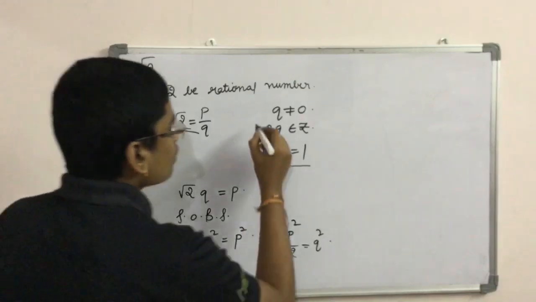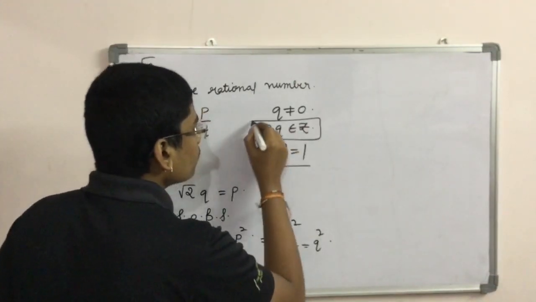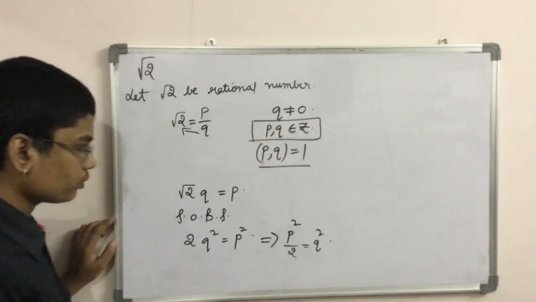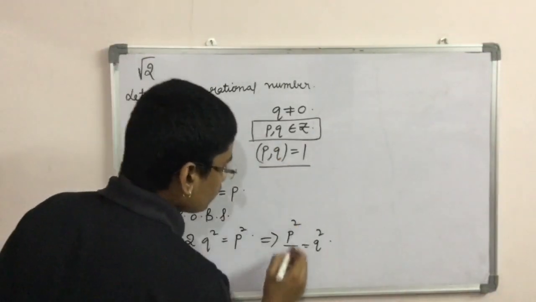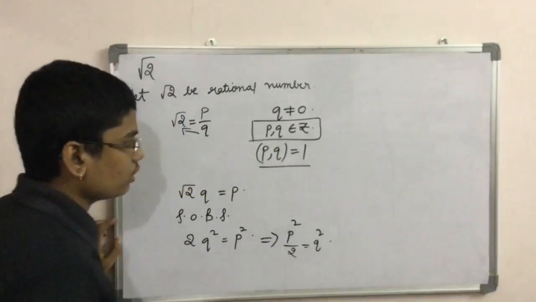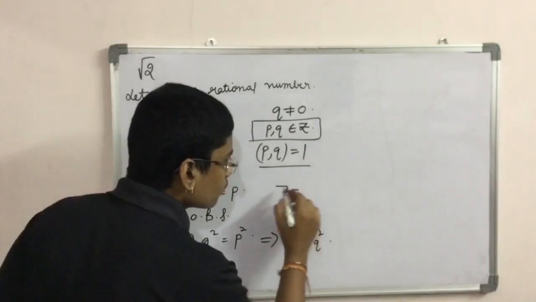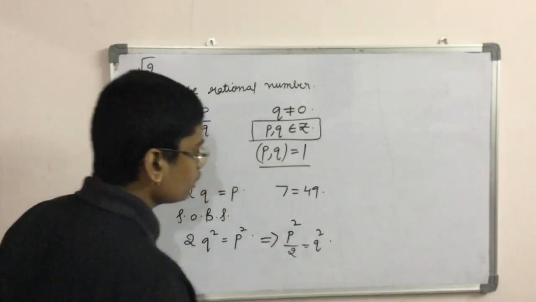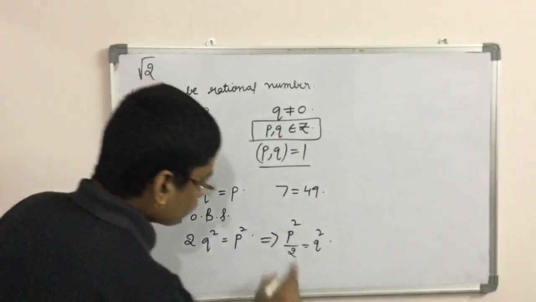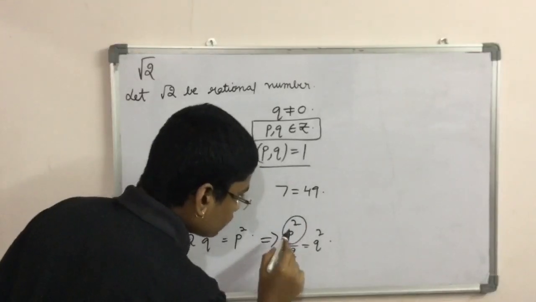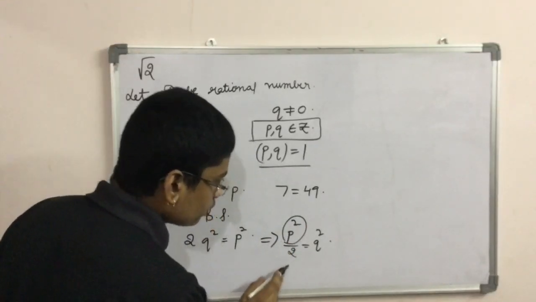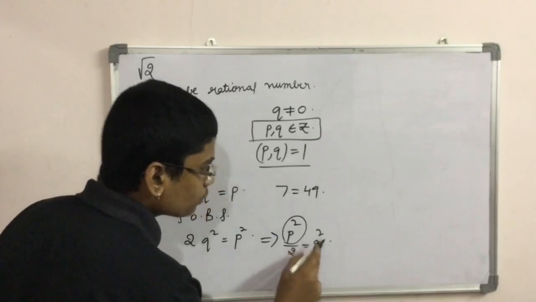Now see, we have assumed the condition that both p and q must be integers, right? Whenever p is an integer, p square is also an integer. Whenever 7 is an integer, 7 square, that is 49, is also an integer. So whenever this number is getting divided by 2, which is also an integer, it gives us q square.